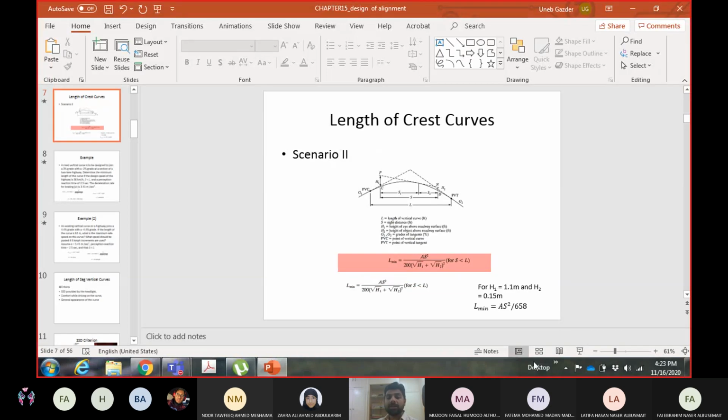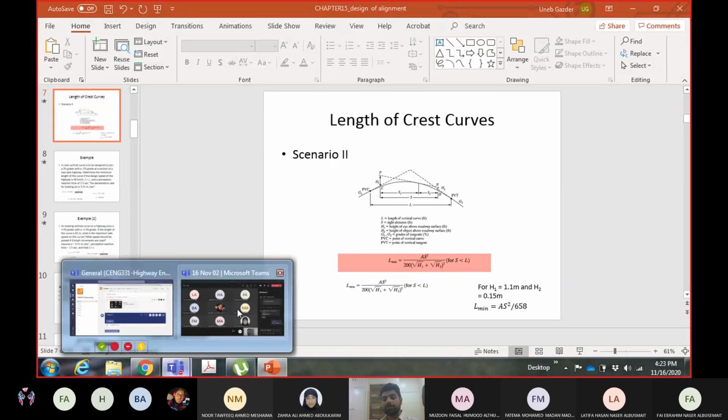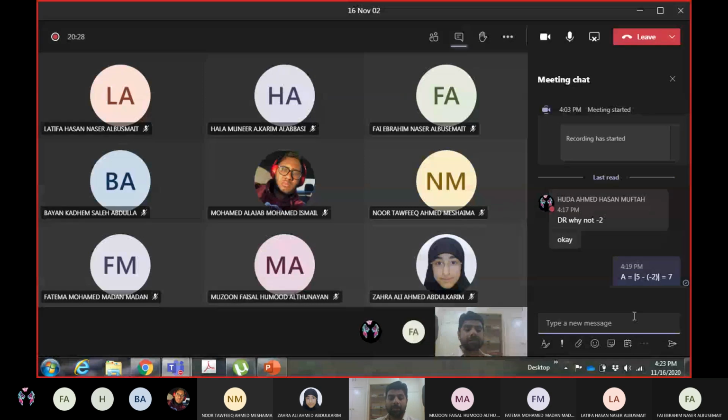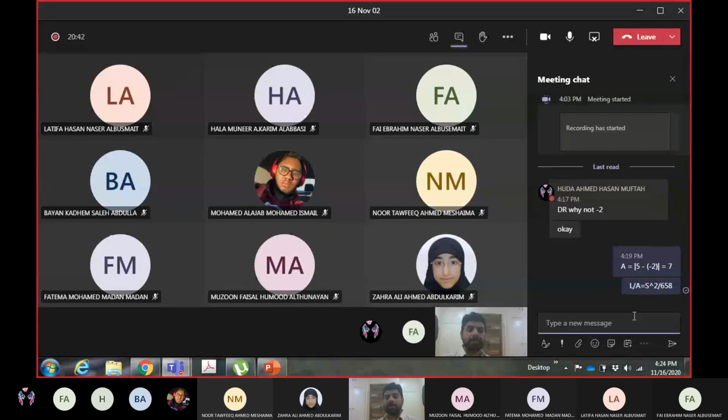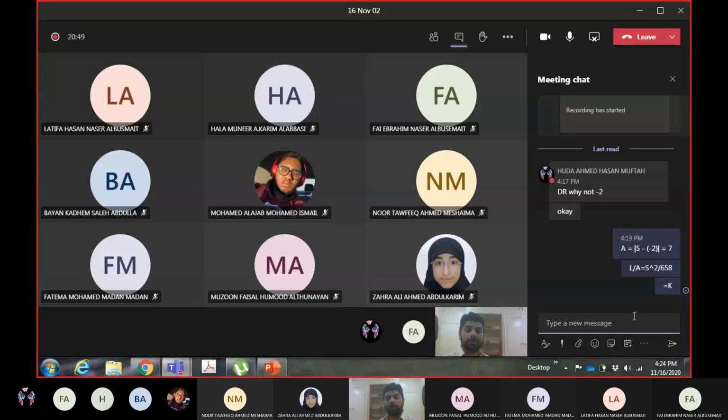I will do L upon A. That will be equal to S square upon 658, right? I took A on the left hand side, so L upon A equals S square upon 658, and this is equal to K. So instead of an equation for L, I have an equation for K. Now, what is the good thing about this equation?